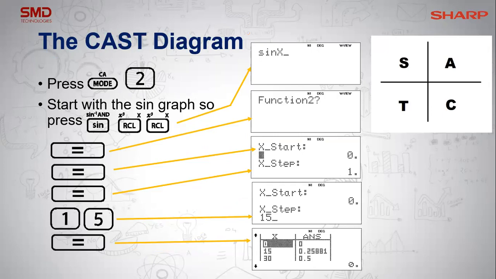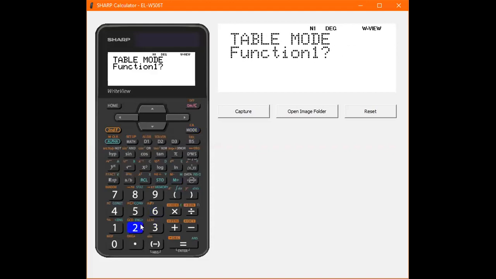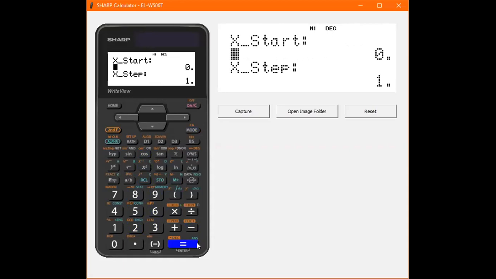What's also really nice for teaching trigonometry and for teaching the class diagram is your table mode. So in your calculator, we can go to mode and to the table, and we're just going to put in a basic graph. Now, I've already done the sine function one, which you'll see on the next page. So I'm actually going to do cos, and RCL makes an X for you, and then you would press equals, and let's ignore function 2 for now and press equals.